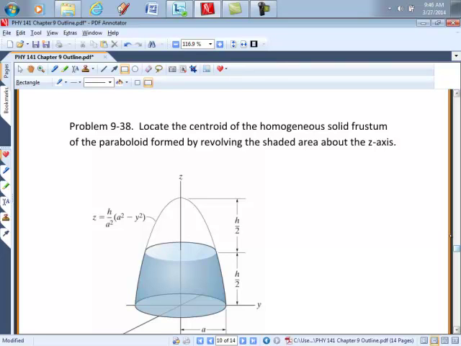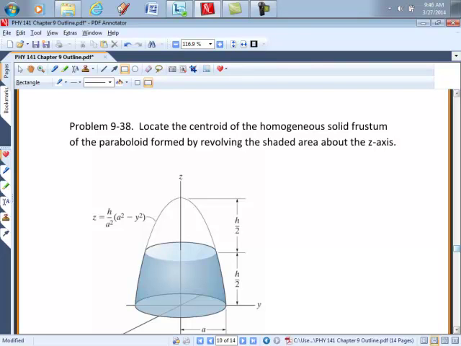But two of them are going to be reasonably easy. Extremely easy, actually. So locate the centroid of the homogeneous solid frustum of the paraboloid formed by revolving the shaded area about the z-axis.